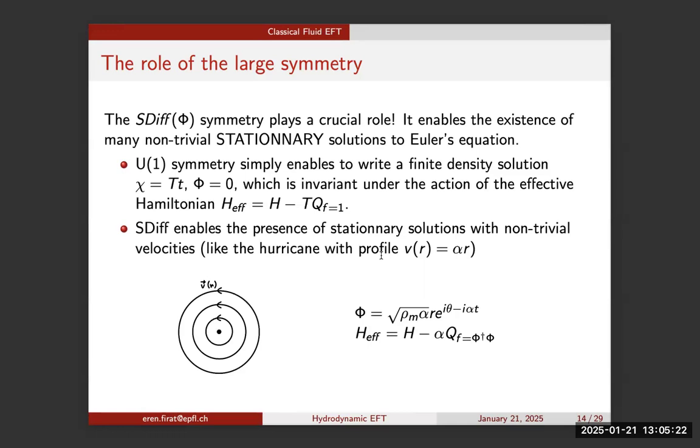It's because they will not change your velocity. What I mean is, when you have this very non-trivial solution where things are moving around, to understand in what sense it is stationary, so that it doesn't depend on time, you need to find some effective Hamiltonian which is conserved.